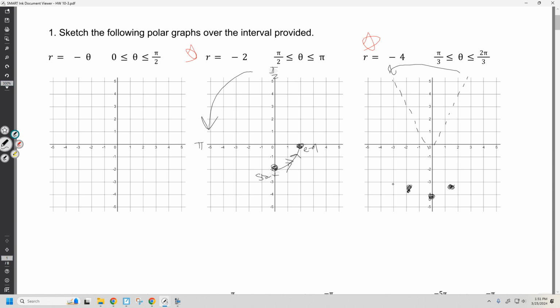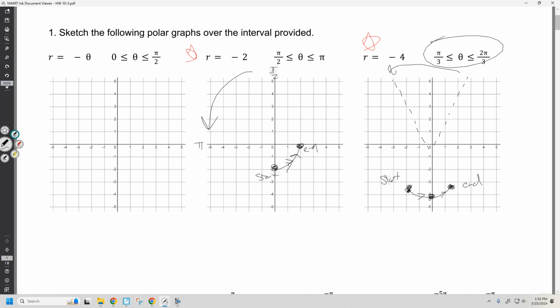This is my start. This is my direction. This is my end. If we talked about increasing our angle, very important, it is not what we're used to. It's a little bit different.